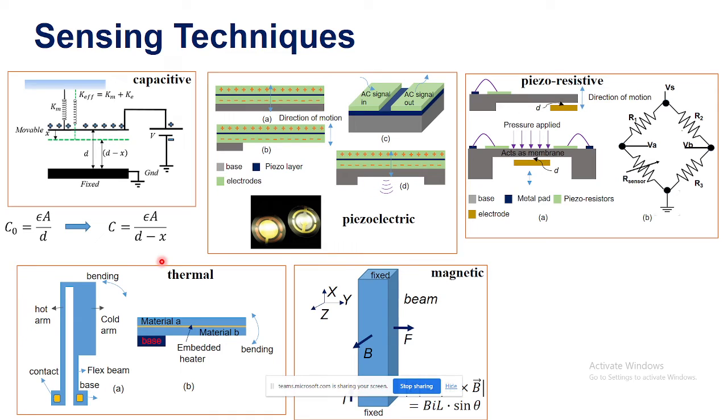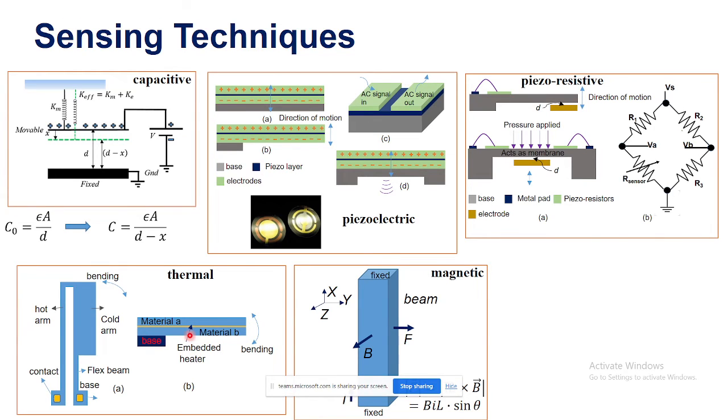Okay, moving on to the next transduction principle. We have two materials, for example material A and material B, with different geometry and different temperature properties, because we are talking about thermal sensors. Here is a base, and in between these two materials there is a thin layer of another material, let's say platinum, and we call it an embedded heater.